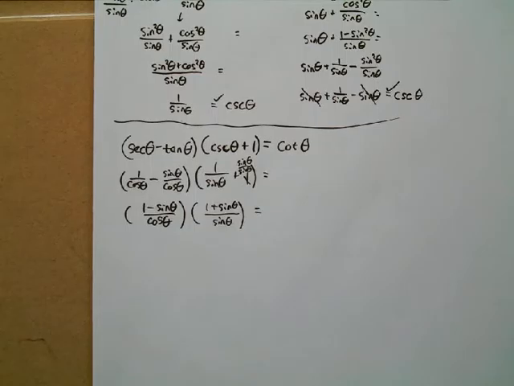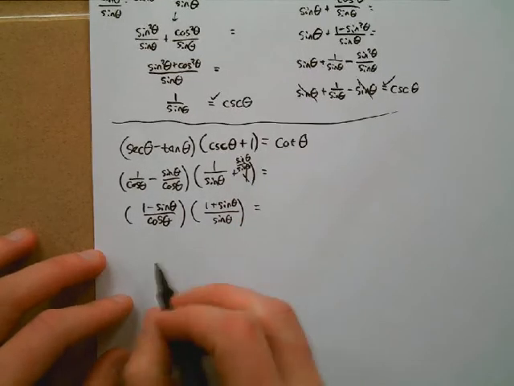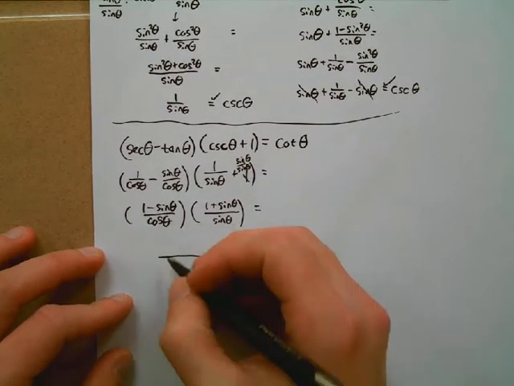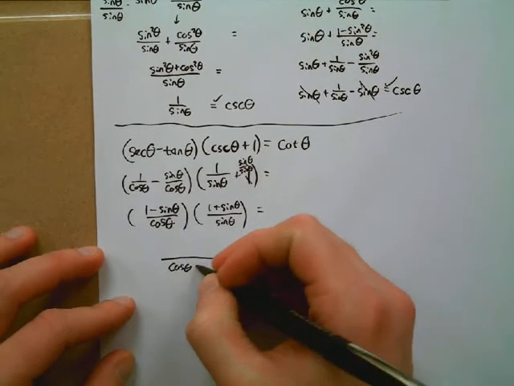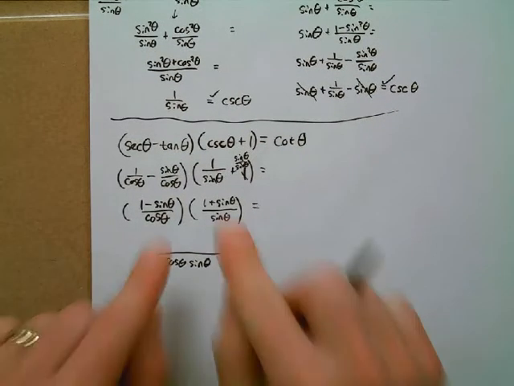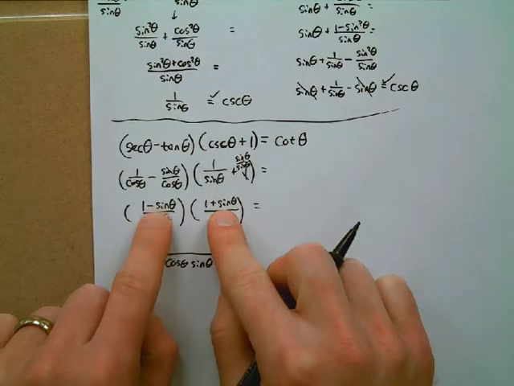Yes, Anna, just multiply. Okay, Anna, we'll try that. Cosine theta, sine theta in the denominator. That's easy enough. And then to multiply these two in the numerator, what do we need to use here? We're going to have to use FOIL, or, we're multiplying two binomials here.